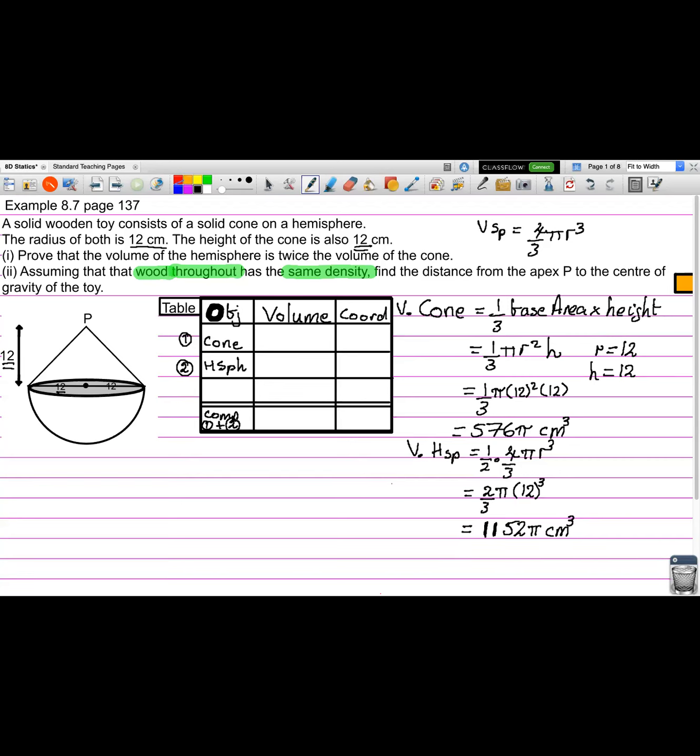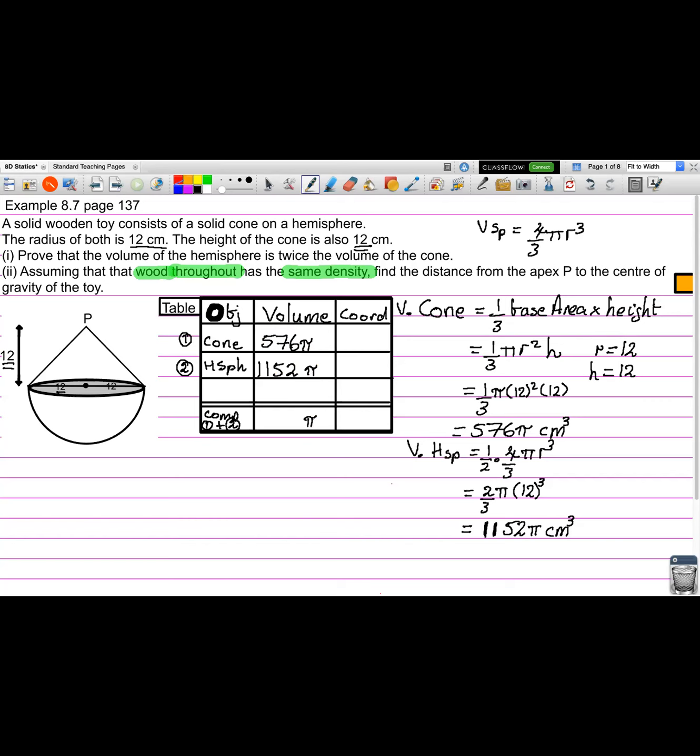Yeah. So now I can fill in these two sections here. So this is going to be 576 pi. This is going to be 1,152 pi. And someone could help me out here.